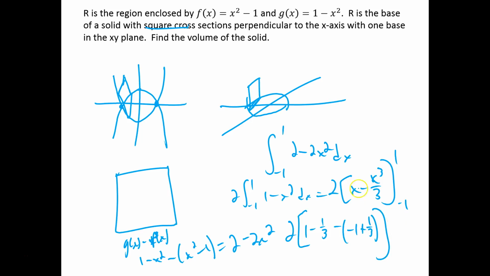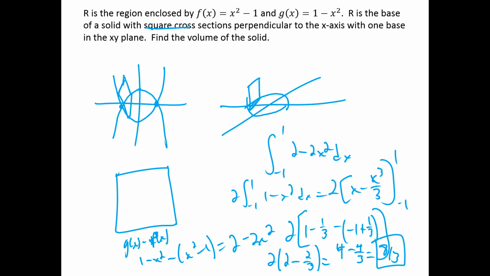You'd stop there, but let's see here. So 1 plus 1 is 2 minus 2 thirds. We got 2 times 2 minus 2 thirds. It's 4 minus 4 thirds, which is 12 minus 4, is 8 thirds.